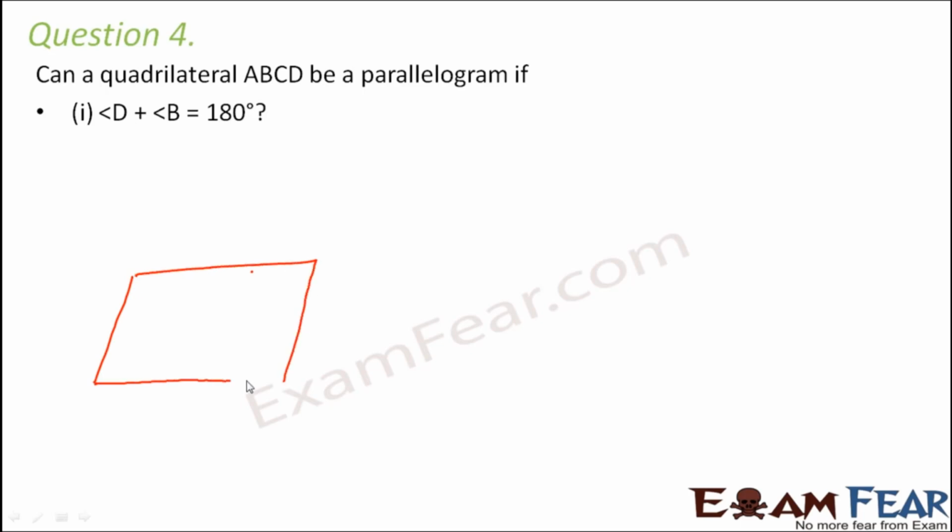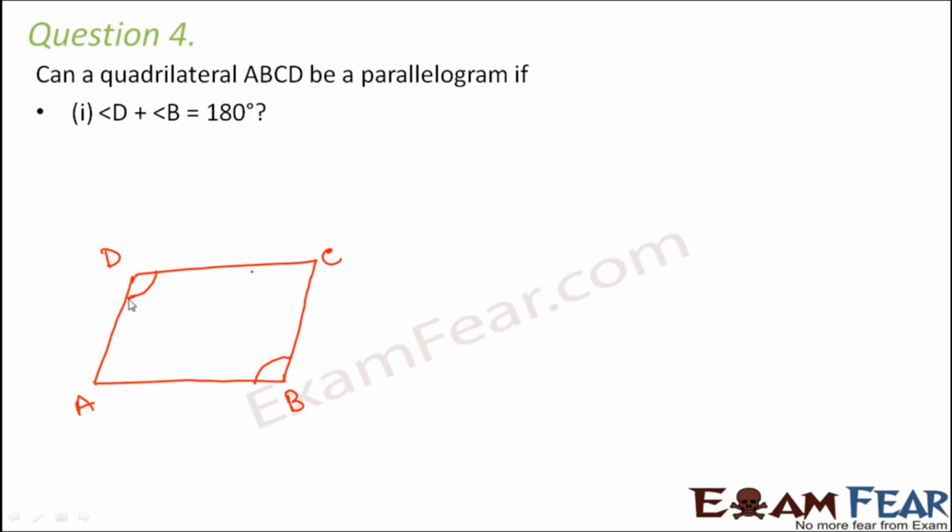Let us say this is a quadrilateral named ABCD. In the question it is given that angle B plus angle D is equal to 180 degrees. That means basically the sum of the opposite angles is equal to 180 degrees. Does that mean that it has to be a parallelogram?